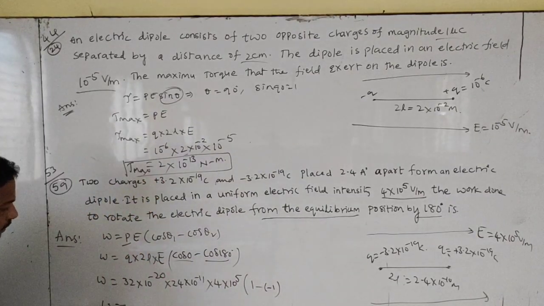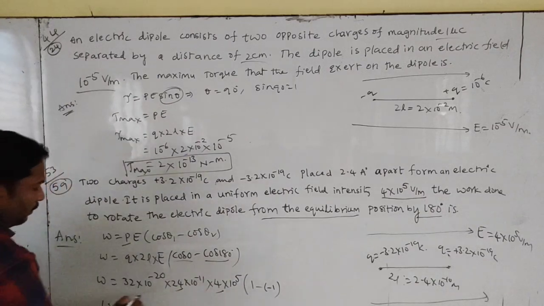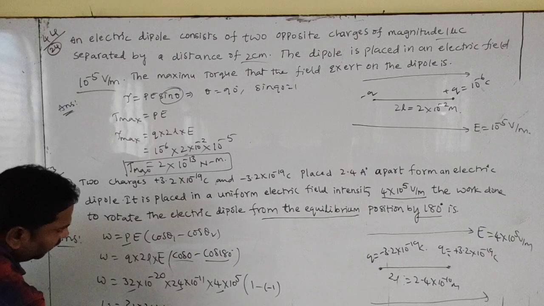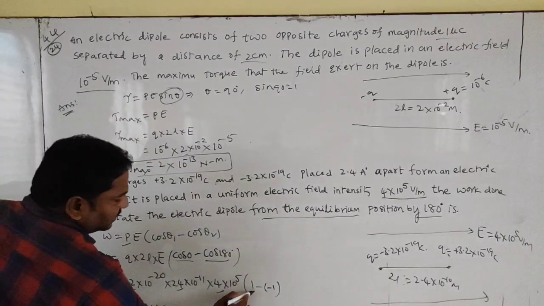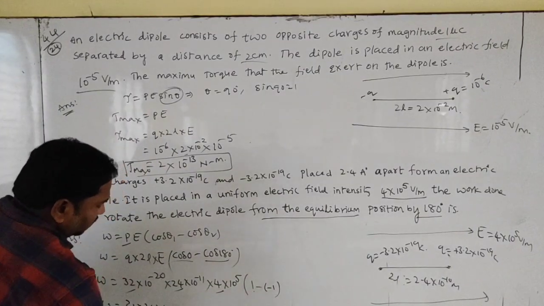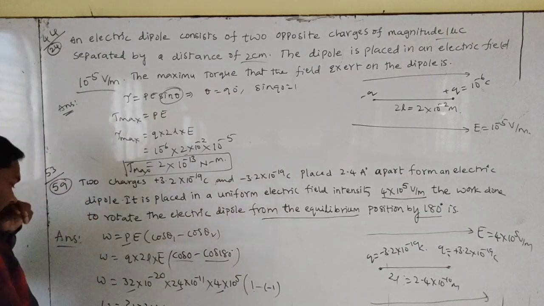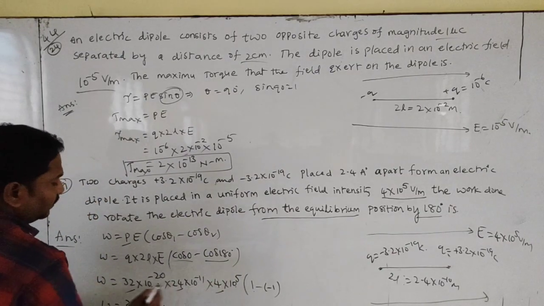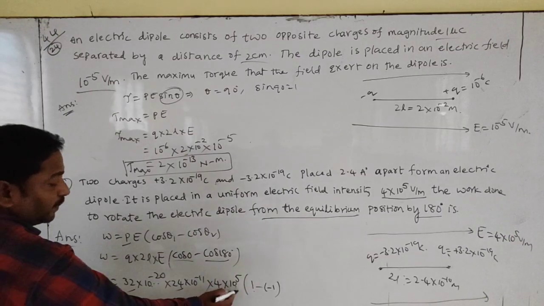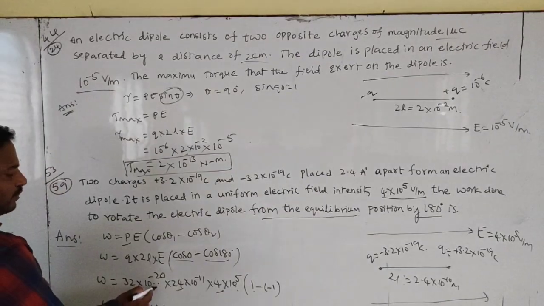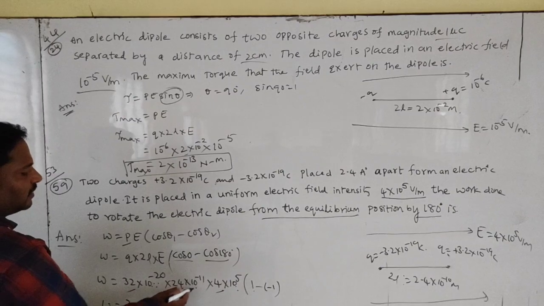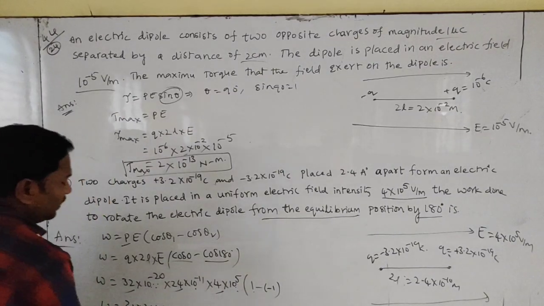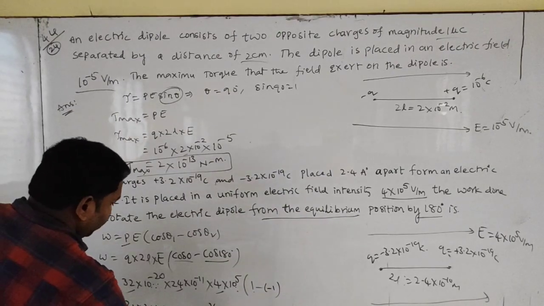So W equals 32 into 24 into 4 into 2, times powers of 10, giving 10 power minus 26 joules.